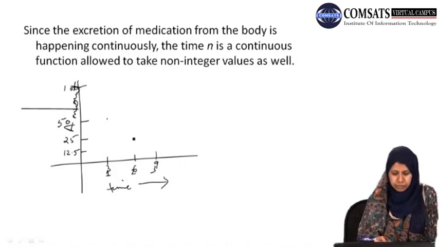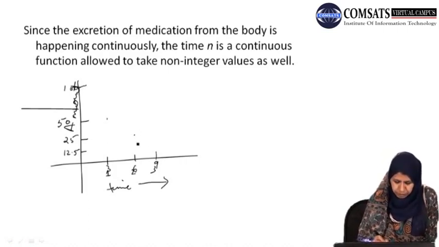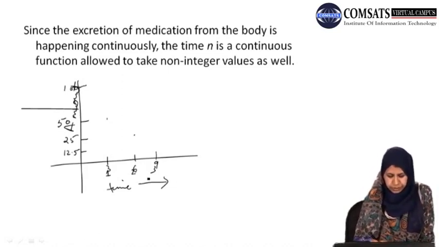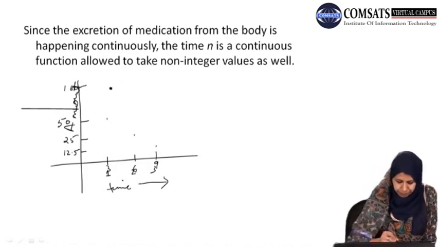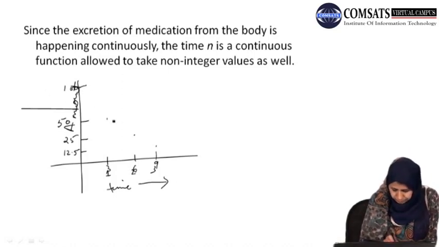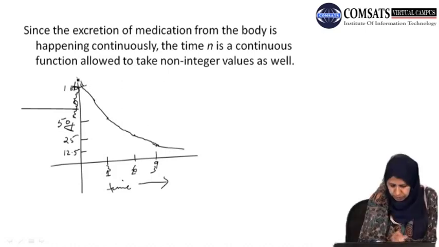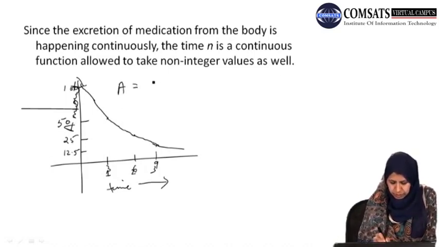After 6 hours, the amount was reduced to half, which was 25 mg. And after 9 hours, the amount was further reduced to half of the current value, which is 12.5. Now joining all the points, this is the graph of our amount left in terms of the time, which is 100 into 1 over 2 to the power n.